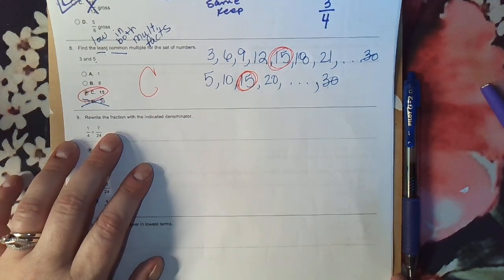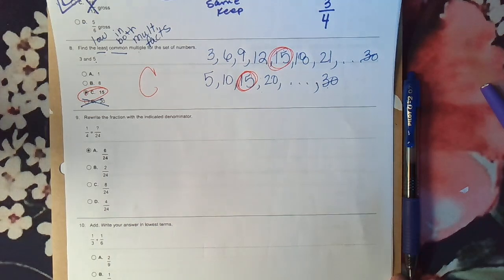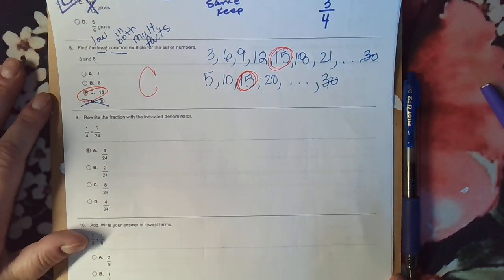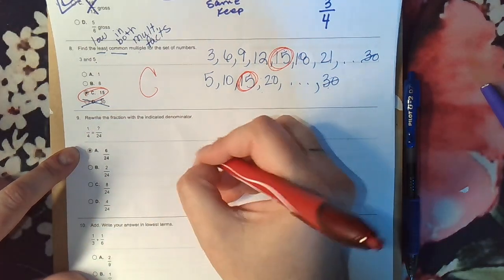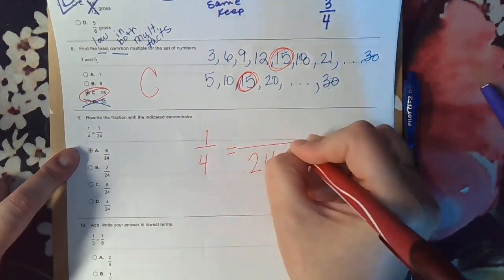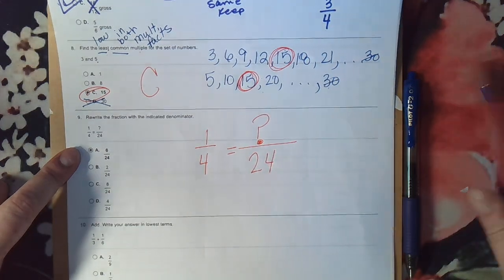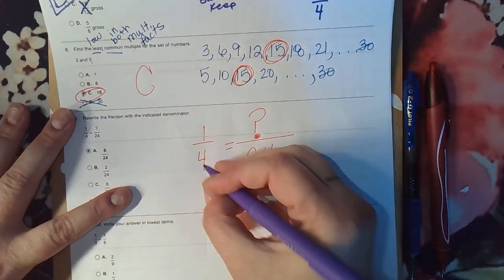Okay, let's go to number 9. It says rewrite the fraction with the indicated denominator. This is where we figure out what I can multiply on the left to get the right. These fractions are supposed to be equal.